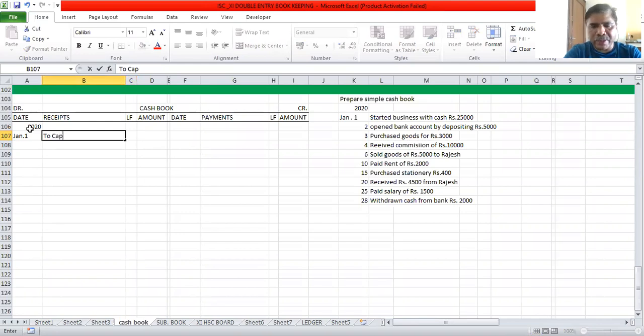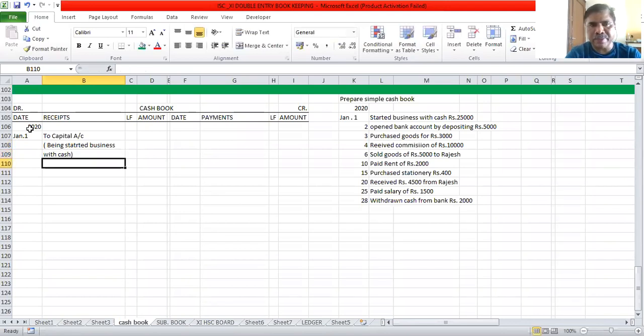So therefore I will write To Capital Account, correct? In the narration you also have to write: being started business with cash. Just as we write the narration in a journal entry, we have to write it here too. Amount is 25,000. Understood?